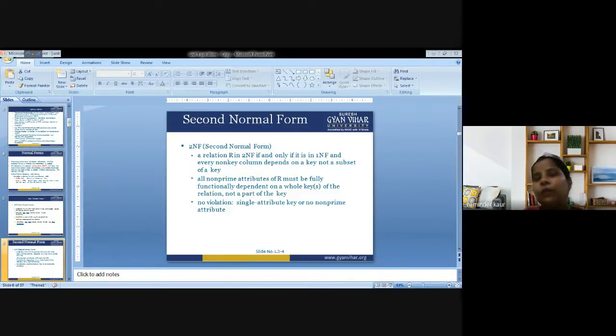Now I can give you an example. Relation student in table number 1. I can share you a table. Just wait, I am showing you practically.